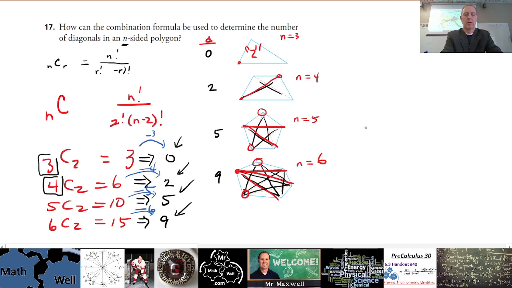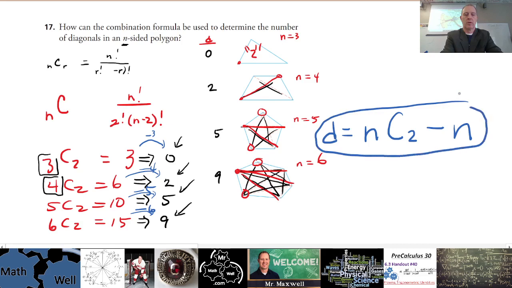So it's going to be n choose 2 minus n equals the number of diagonals. Okay? So that's what you're looking for in number 17. Again, it's the number of sides, plug it in there. So if I had 7 sides, it'd be 7 choose 2 minus 7, which should be the number of diagonals that we would end up with.